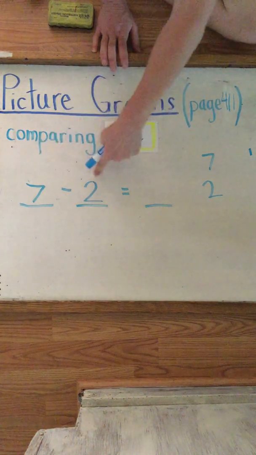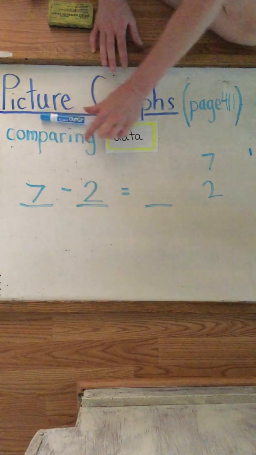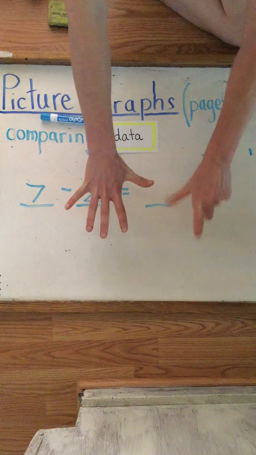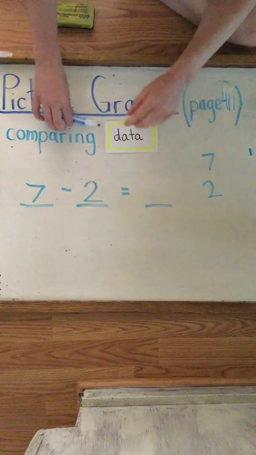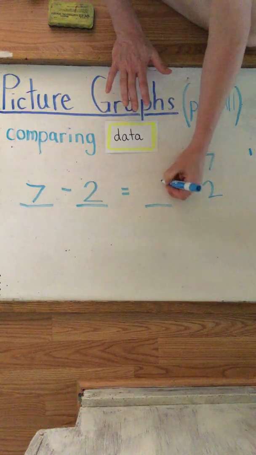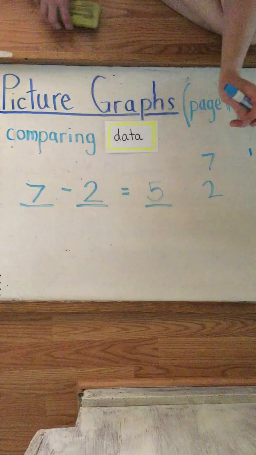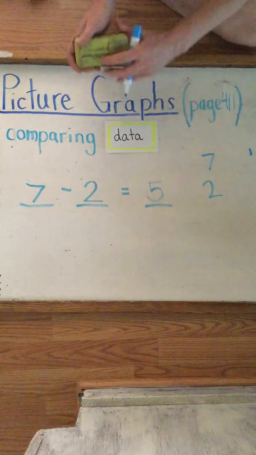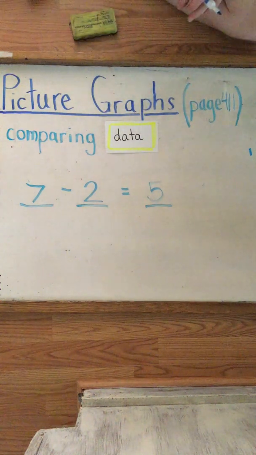Well, I can start at 7 and count back 2. I could even do it on my fingers. If I put up 7 and I take away 2, I have, you're right, 5 left. Awesome. So we've been doing an awesome job filling in these missing addends from our picture graph and comparing the data by asking questions. Awesome.